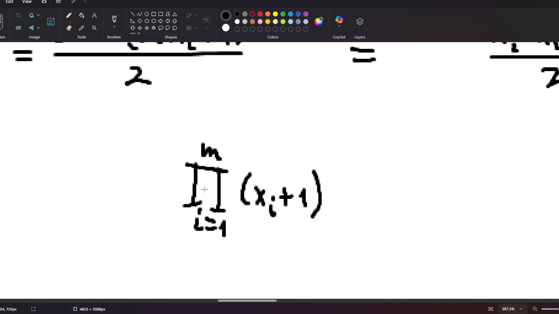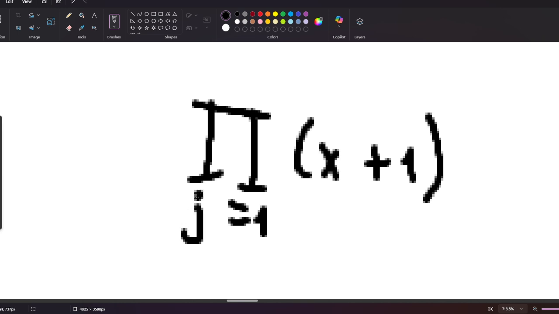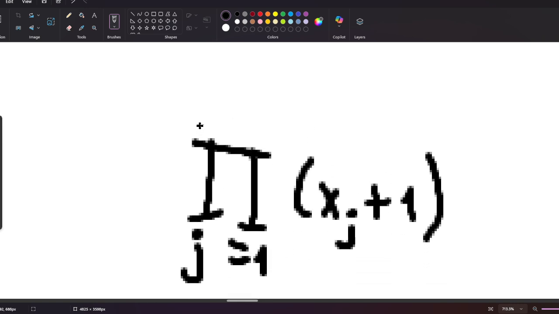We will use another variable, because we have i occupied already. Say we have j, x_j, and here we say i minus 1.